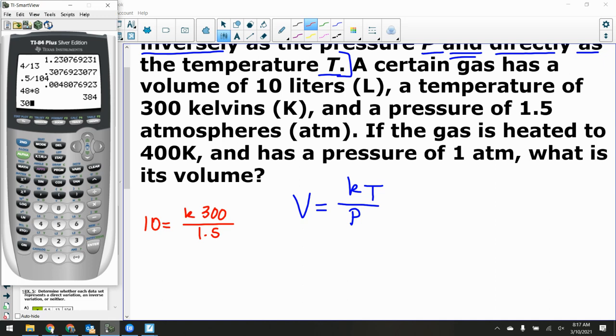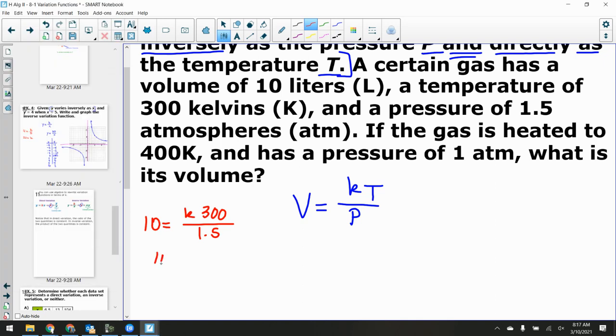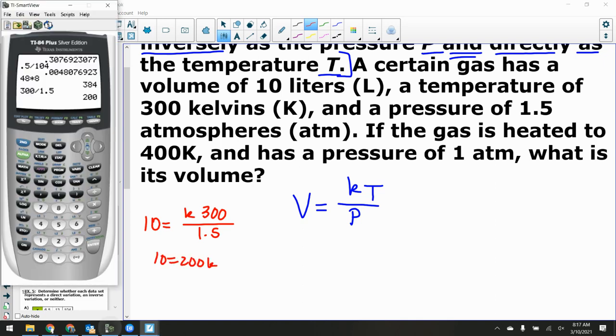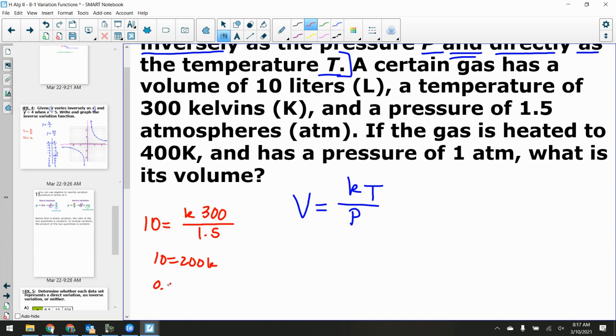So I can take 300 divided by 1.5, and I'm going to get 200. So 10 is equal to 200K. Divide by 200. 10 over 200 is going to give me 0.05 K.